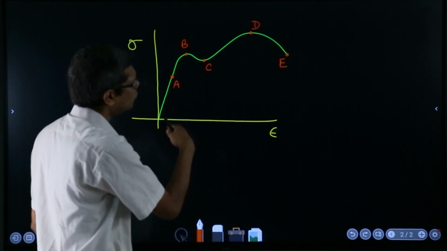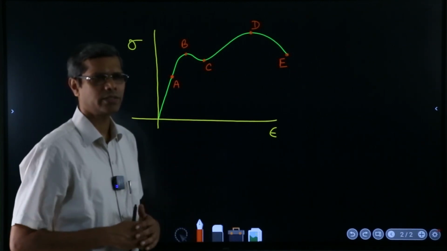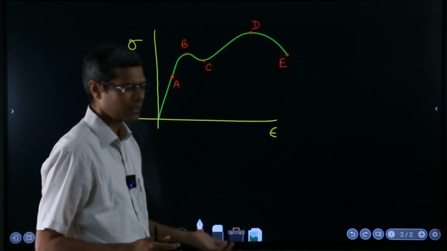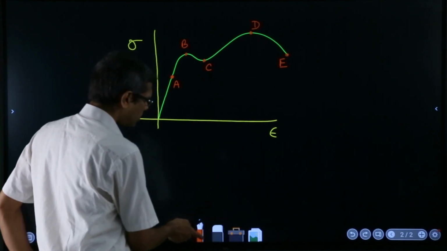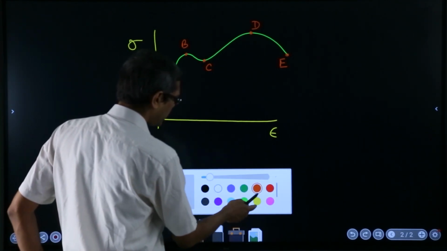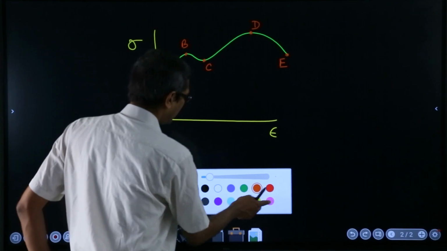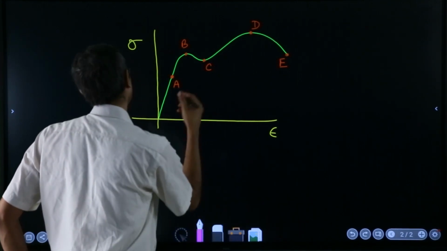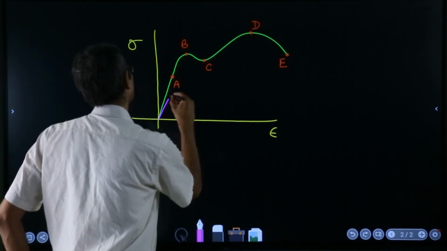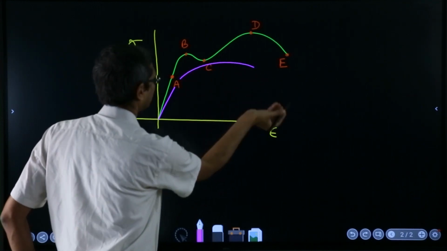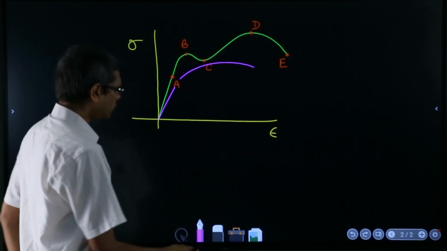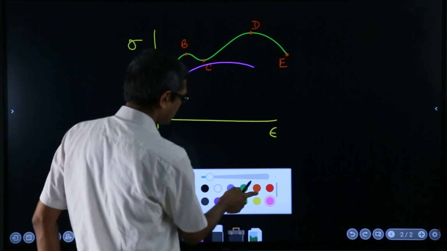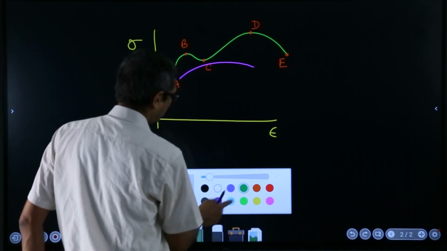And this is more or less the shape for many engineering materials. But some other materials, like aluminum, will not behave exactly like this. Maybe it will behave something like this. And some of the brittle materials behave very differently.